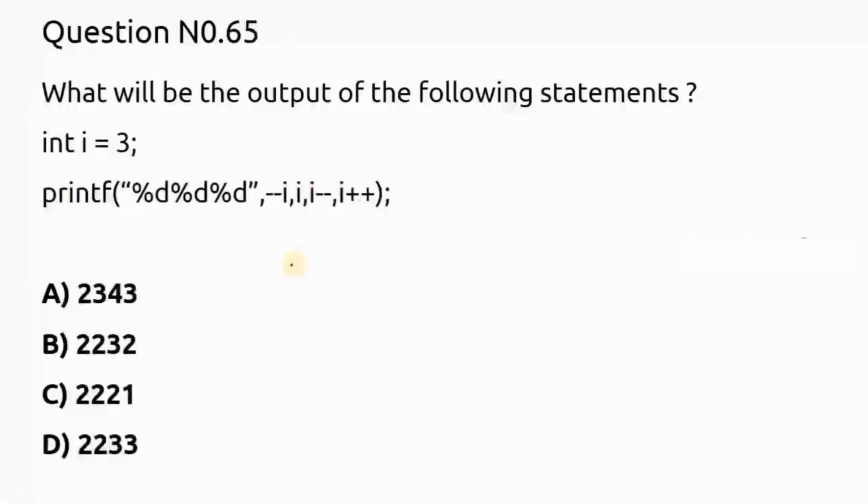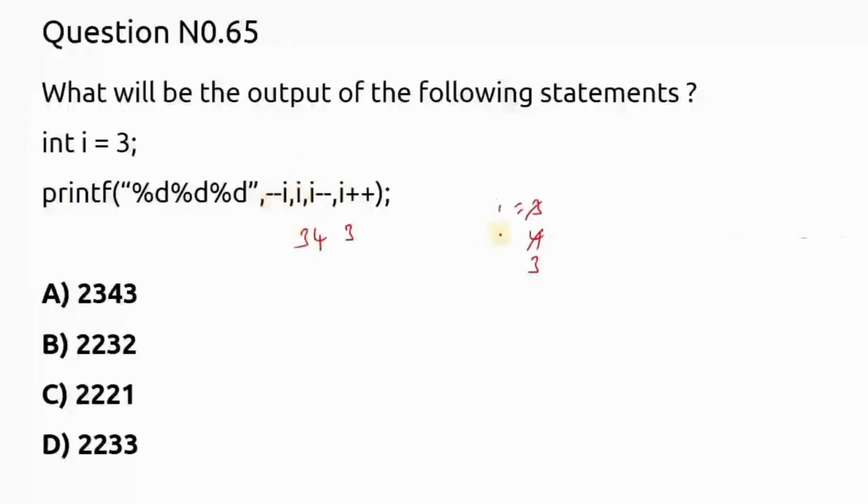Now for this question, if you consider the same associativity, starting from here, that is from right to left, so I plus plus, I value initially 3, so 3 will be printed first, then it has to increment. Now I value will become 4. So here 4 minus minus, it is post decrement, so 4 has to be printed first, then decremented. Now coming to I, as it is, I has to print.